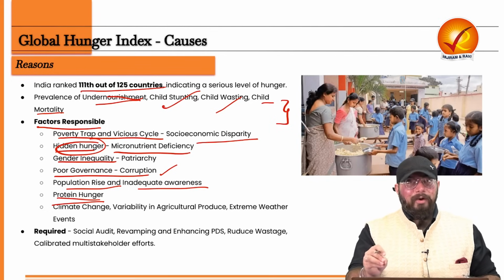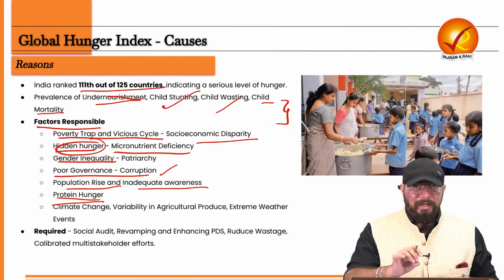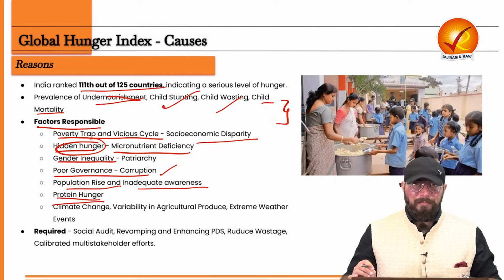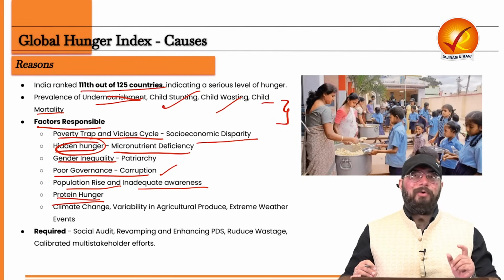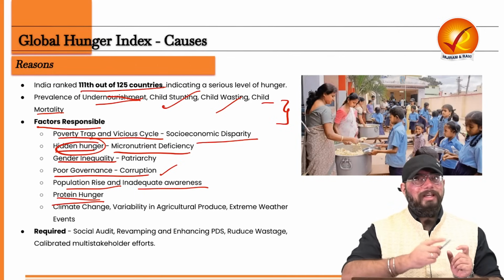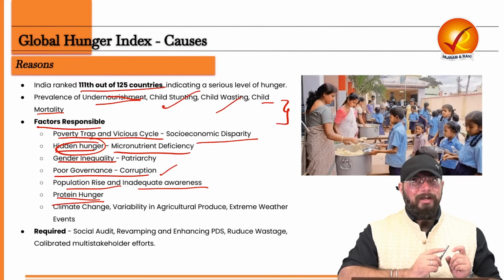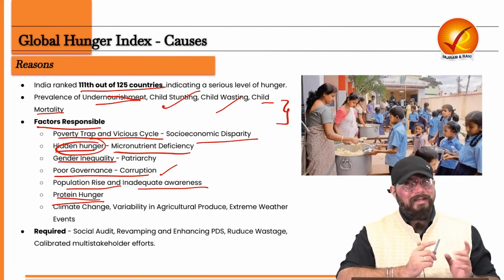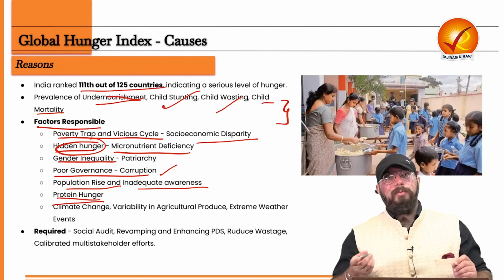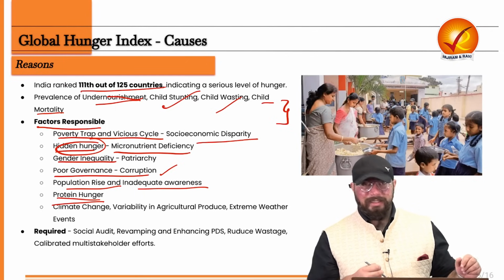Many people are not aware of the nutrient quotient of whatever they are taking, and whether they are taking an adequate amount of protein or not. See, protein is very important for our muscles and for our health as well. And if protein is not there in adequate amount, ultimately the problem of hunger and undernourishment gets created.